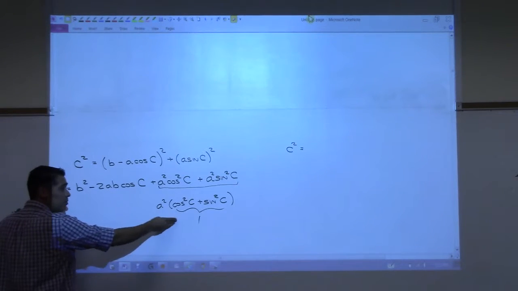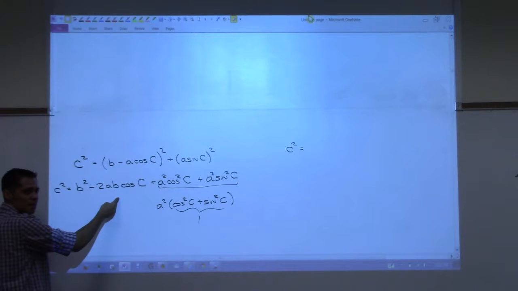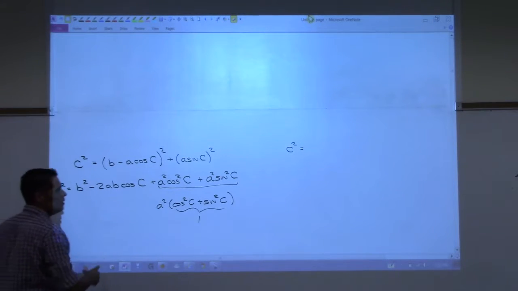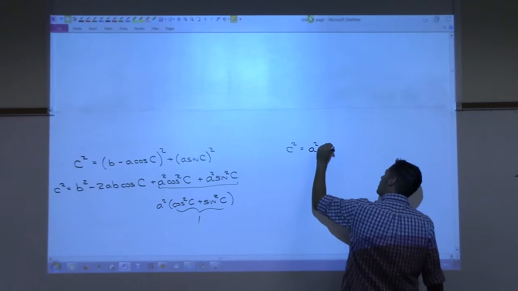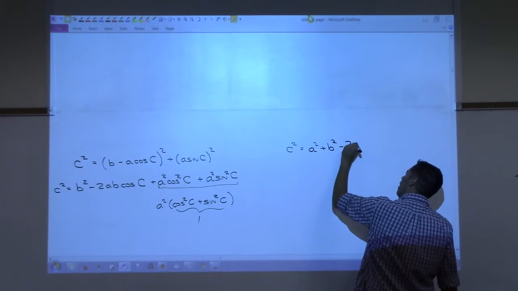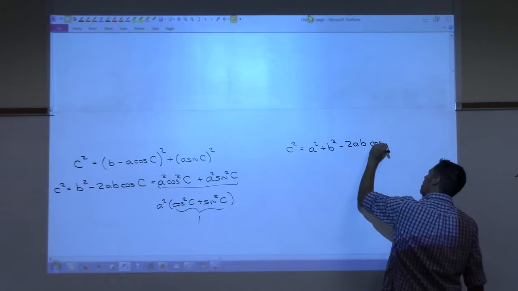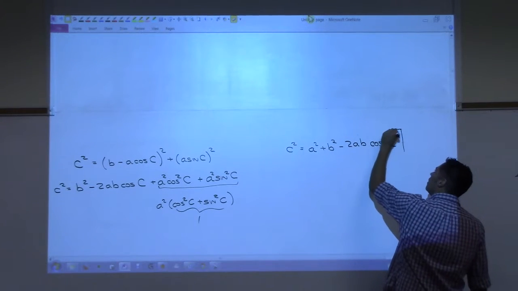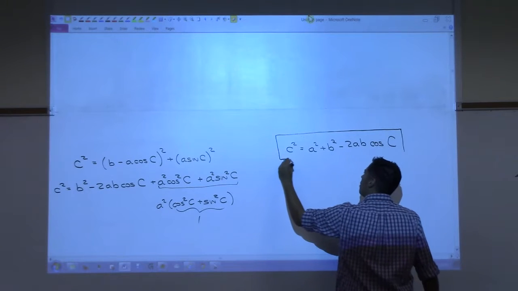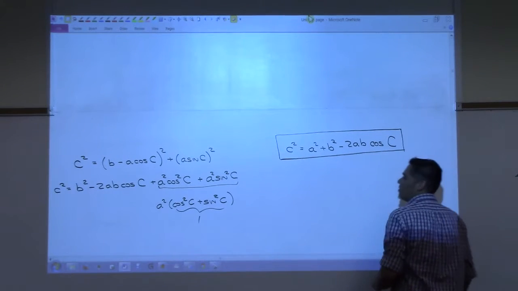I'm going to write it a squared plus b squared minus this stuff. Just going to change the order. So c squared equals a squared plus b squared minus 2ab cosine of capital C. And that is the law of cosines.